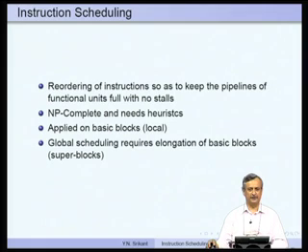So, we need heuristics in order to solve this problem, and each heuristic will have some efficacy, some may be better than the others. We can apply heuristics on basic blocks, and that would become local instruction scheduling. And if we consider extended basic blocks called super blocks, then the scheduling strategy would be called a global instruction scheduling strategy.